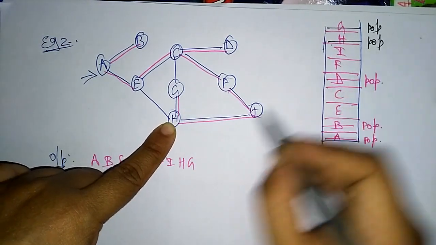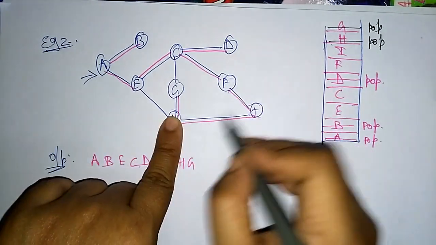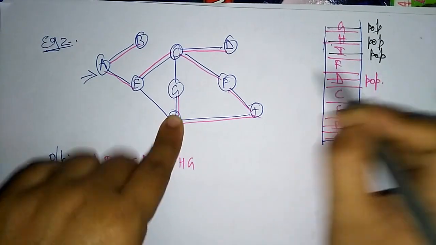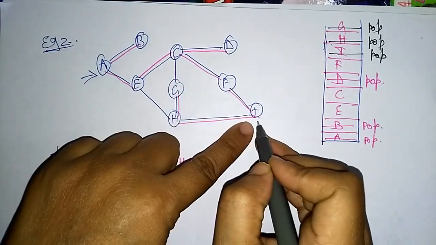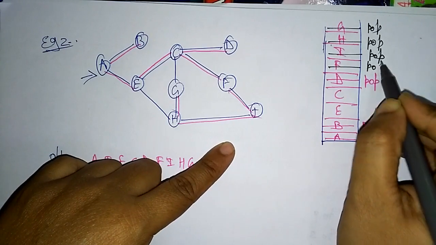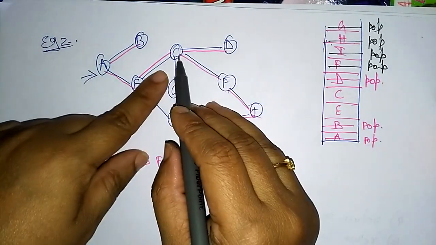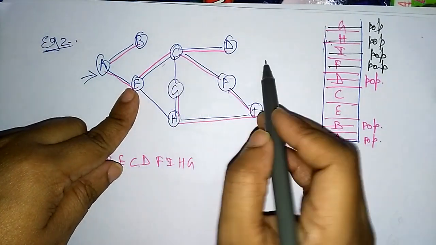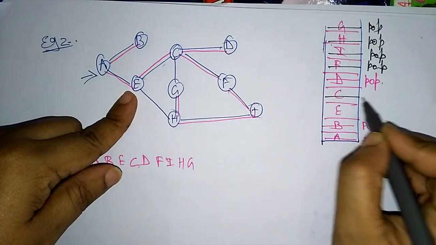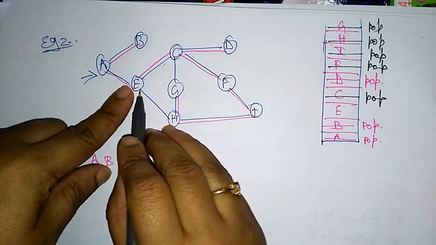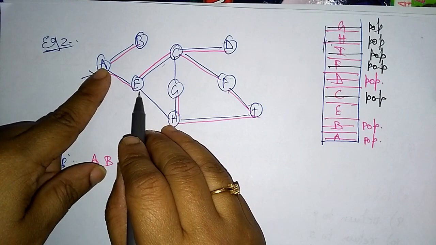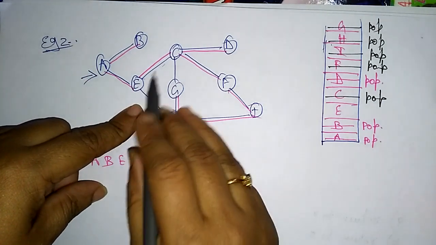Pop it. Coming to I, F, H are already visited. Pop. Coming to F, C and I are already visited. Pop it. Now coming to C, E, G, F, D are already visited. Just pop it. Coming to E, A is visited, H is visited and C is visited.